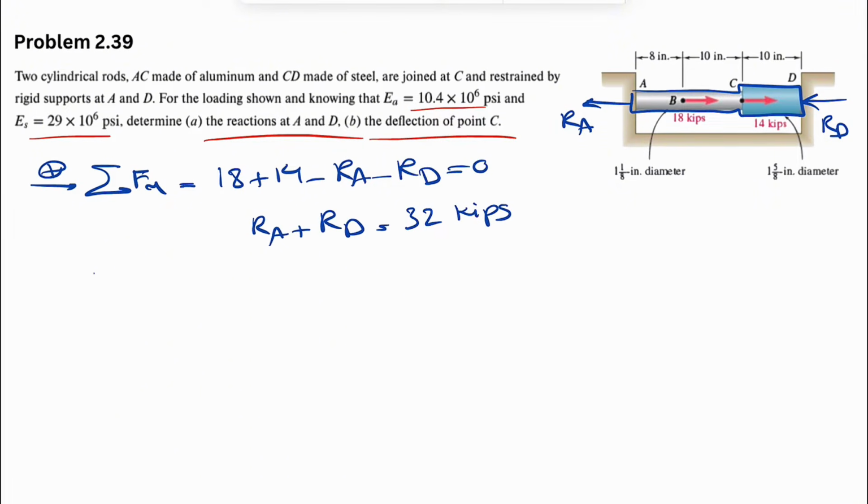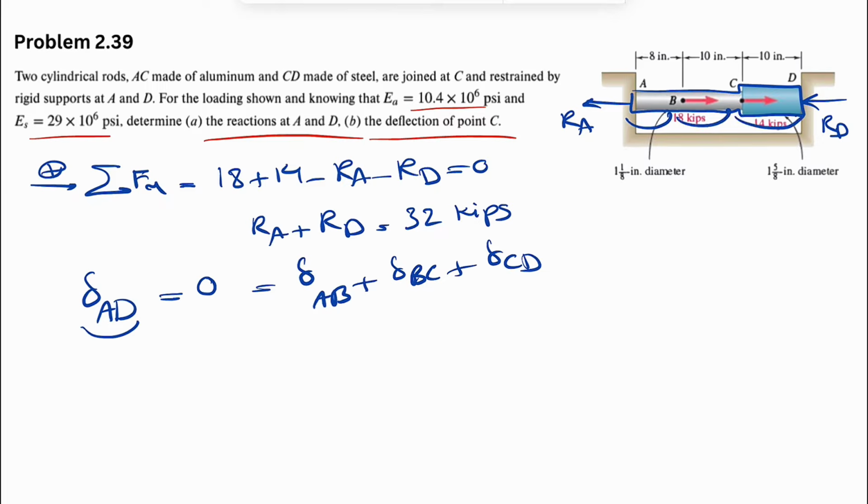So for the main equation, we're going to use our deformation equations. At the end of this, the deformation of AD is going to be 0 because it's fixed at both ends, and this AD consists of the deformation of part AB plus part BC plus part CD.